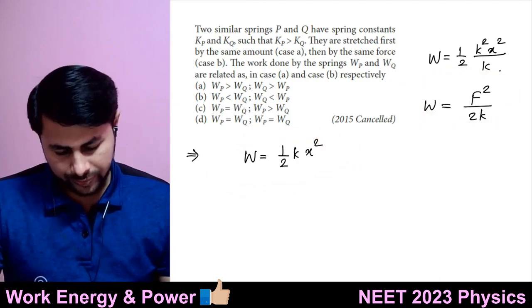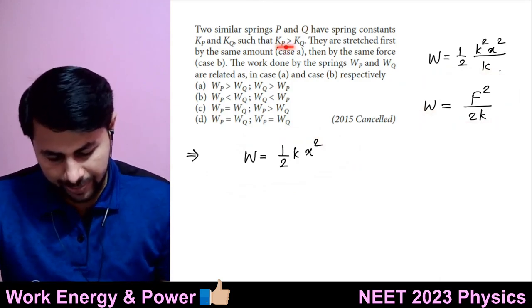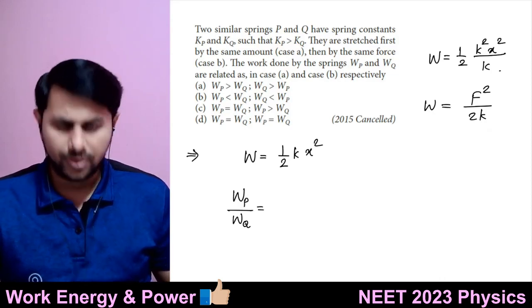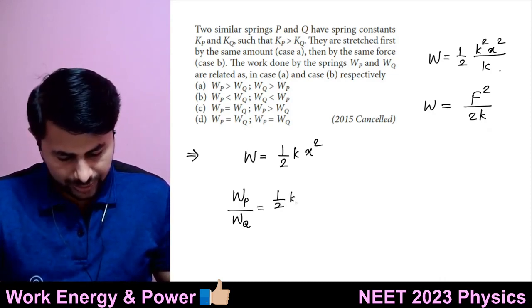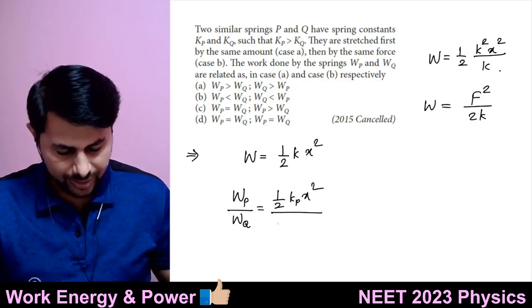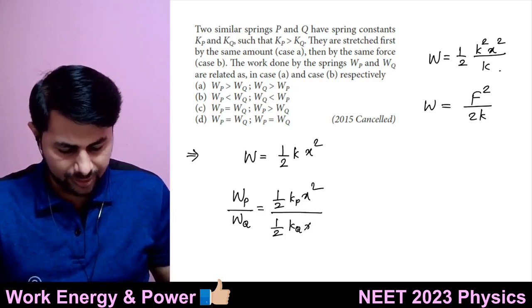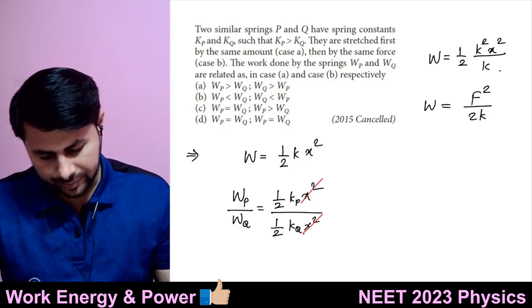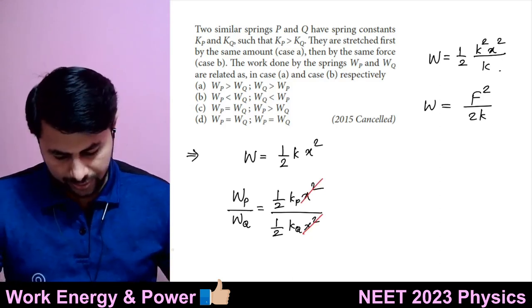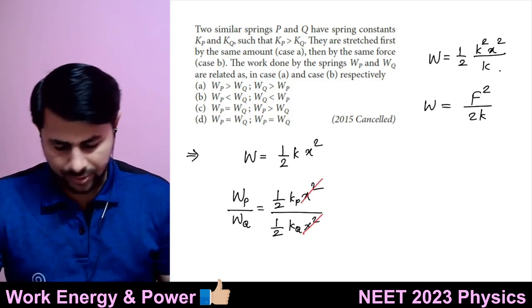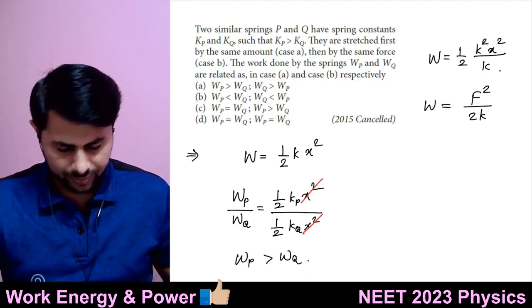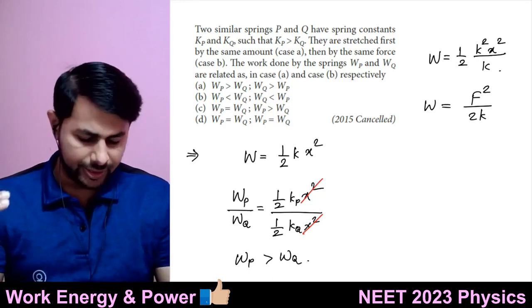So which is the answer? Kp is greater than Kq. Wp upon Wq is equal to half of Kp times x square upon half of Kq times x square, when they are stretched by the same distance. Since Kp is greater than Kq, Wp will be greater than Wq; Wp is to Wq as Kp is to Kq.